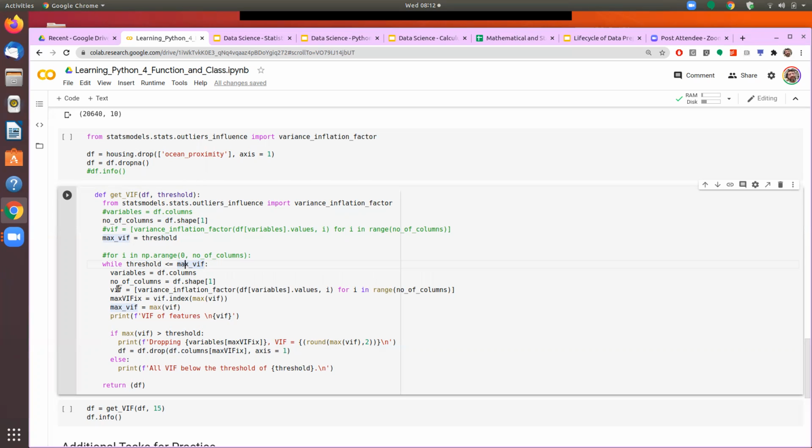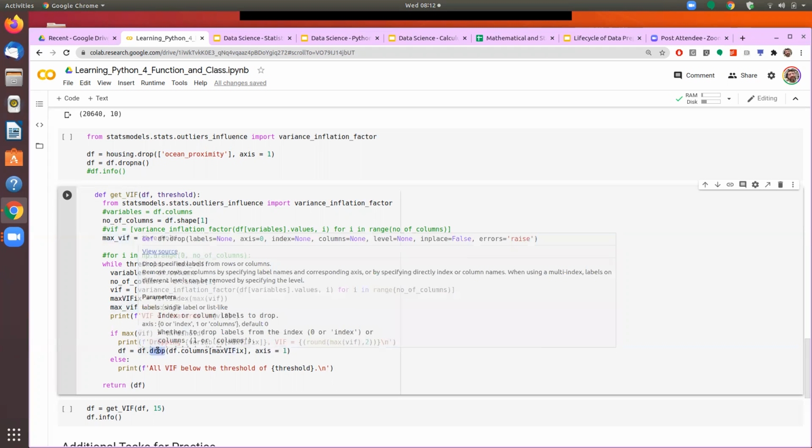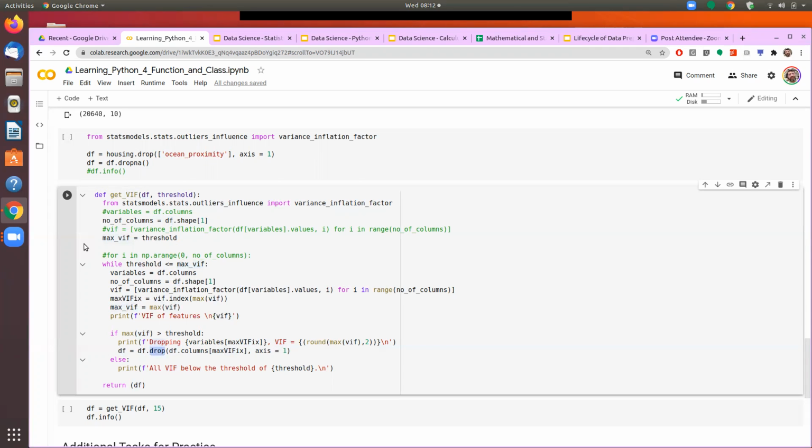Then we do the computation. We find the VIF by calling this function, so we compute the VIF score for each column, and then here we remove it. That is the DF.drop. We will have time to go into details of this one, but first, now define this.